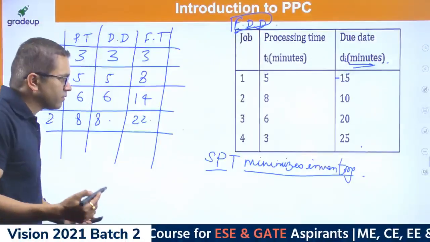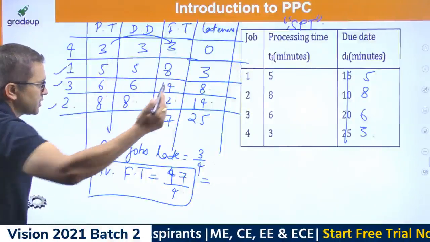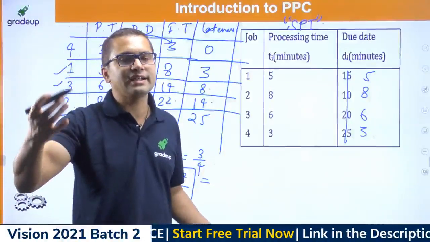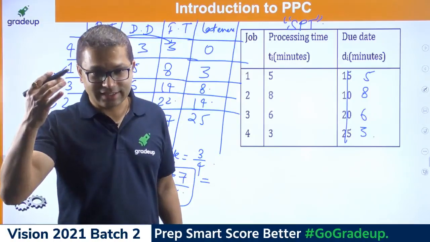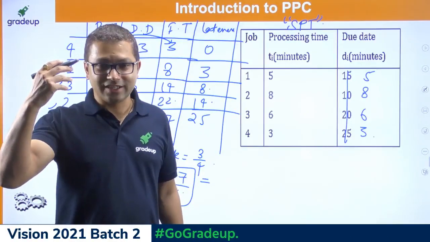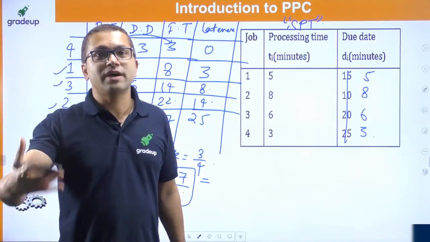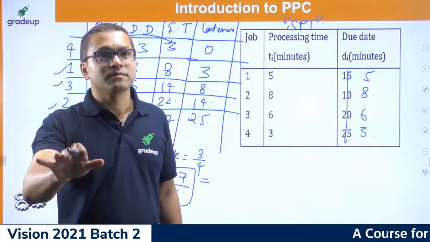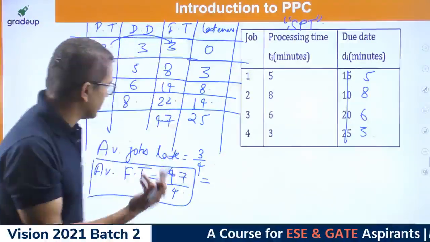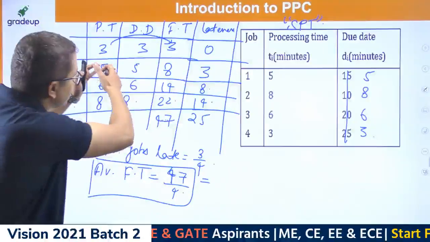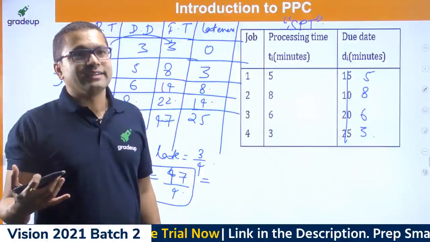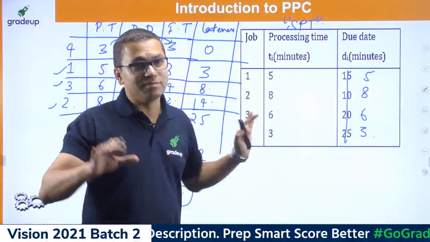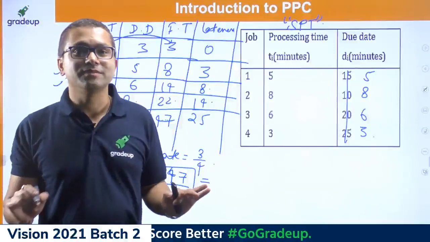Now, can you please think of a parameter over here? Of all these parameters, can you think of one parameter from whatever we have calculated that can tell us if a sequencing or scheduling scheme is minimizing inventory?